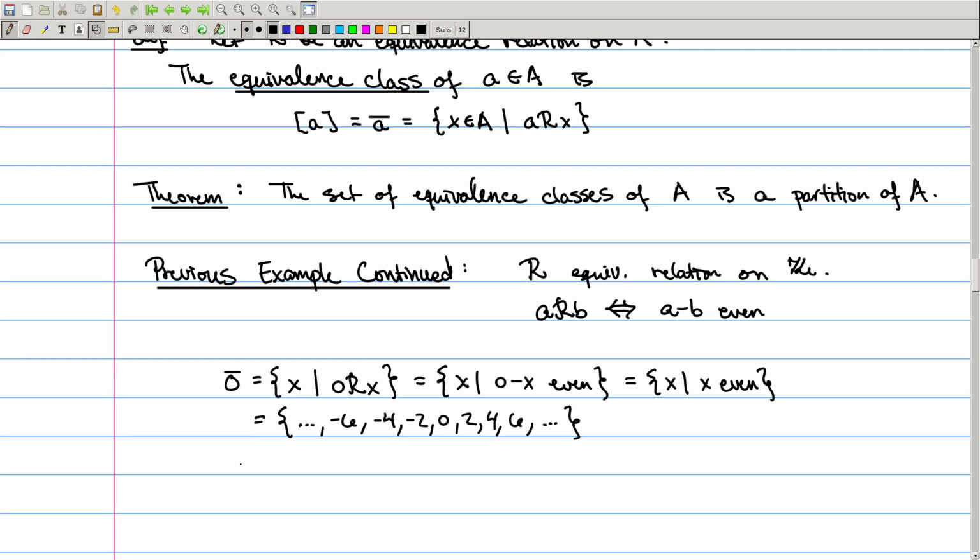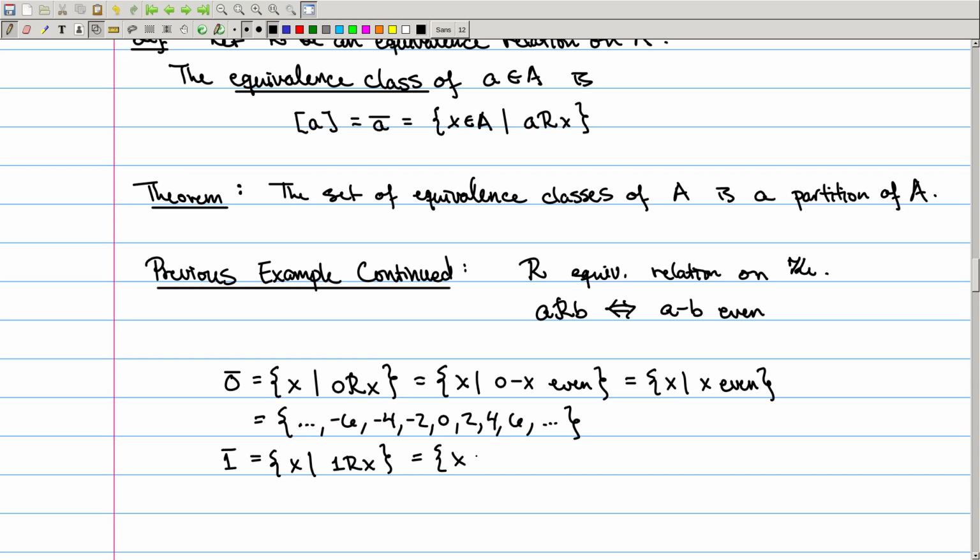We can also find the equivalence class of, say, 1. And this is going to be the set of all x such that 1 is related to x. And we can unpack that again.